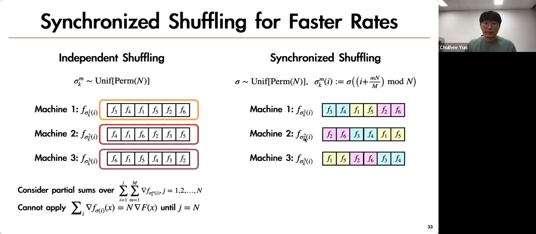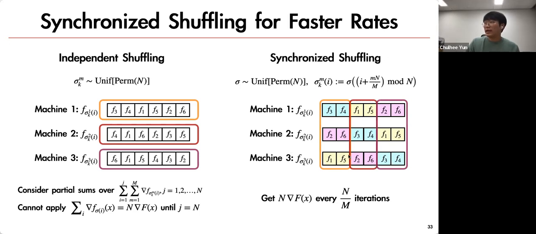This trick allows us to get the full sum in the middle of an epoch. Suppose we compute this partial sum over this yellow rectangle. You can see that all the 6 component functions are in the sum.